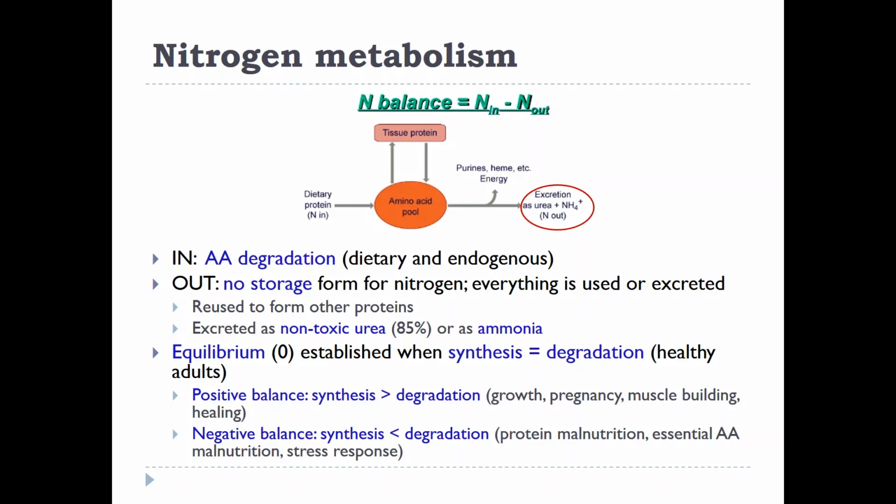So basically the balance is constantly maintained in a dynamic and adaptive process.